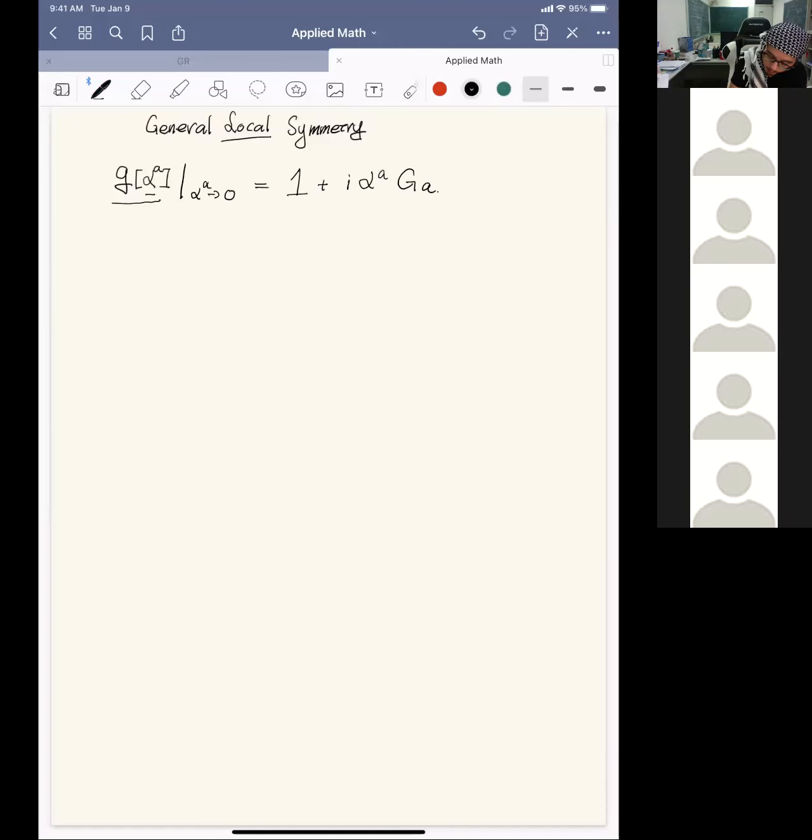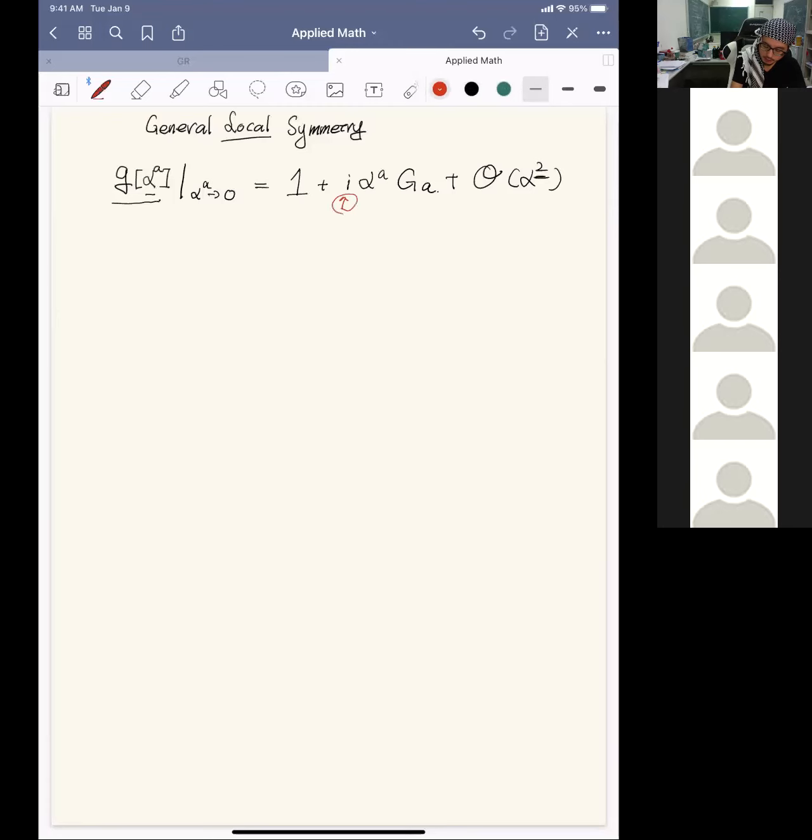And then of course we add higher order terms in alpha, so alpha squared terms. This i is just convention. In most of the GR literature, you might not have this i here.